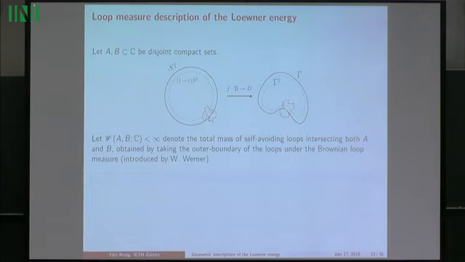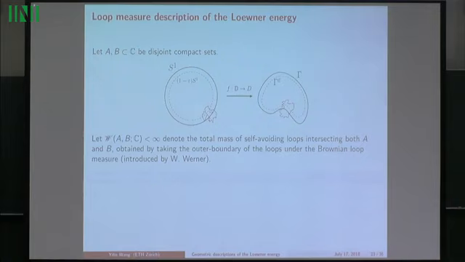And to get rid of the small loops, I look at the intersection of this curve with another circle at positive distance from it, and then the small loops will not appear in the loops that attach to both of them. This outer boundary of Brownian loops is also called Werner's measure.